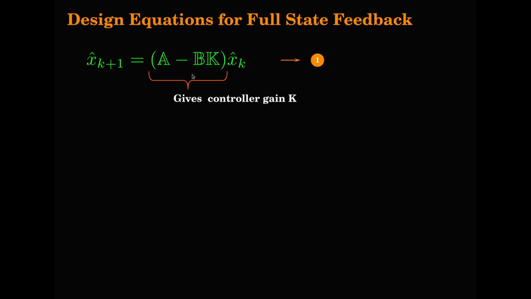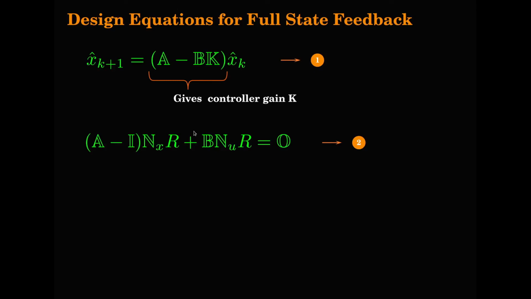The roots of the characteristic equation of A - BK are the poles of the closed loop system, which are placed by the designer. You place the poles within the unit circle in an appropriate manner, and you have the values of the closed loop pole locations. And using the value of A and the value of B, K is the only unknown that can be calculated in a closed form way.